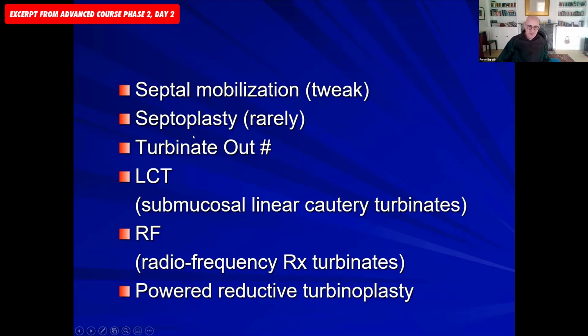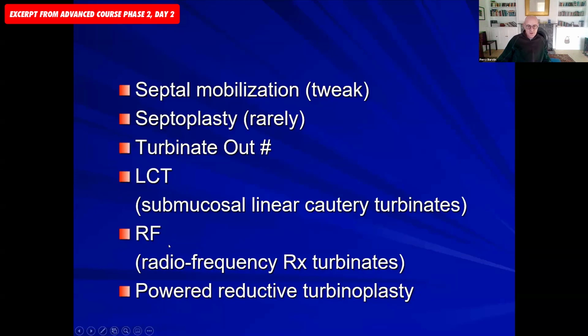So we'll tweak the septum, and we'll give the turbinates a bit of a nudge out. I'll do what's called an LCT, which is a submucosal linear cautery of turbinates. That's the L, the C and the T. And that's basically monopolar diathermy, where we do a submucosal zap and induce a bit of scar. It's not permanent, but it just shrinks the tissues and gives them that little bit better airway.